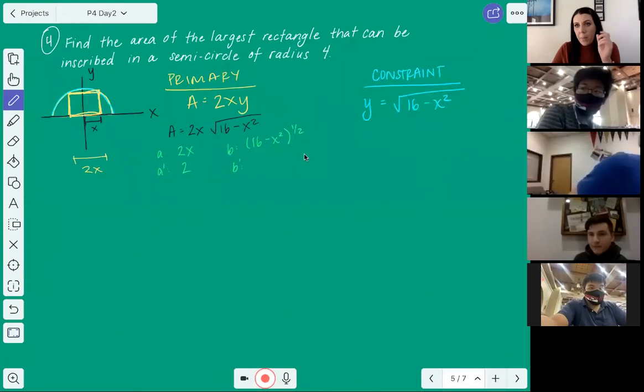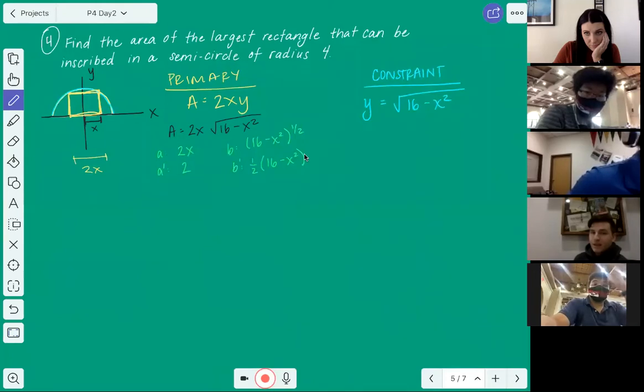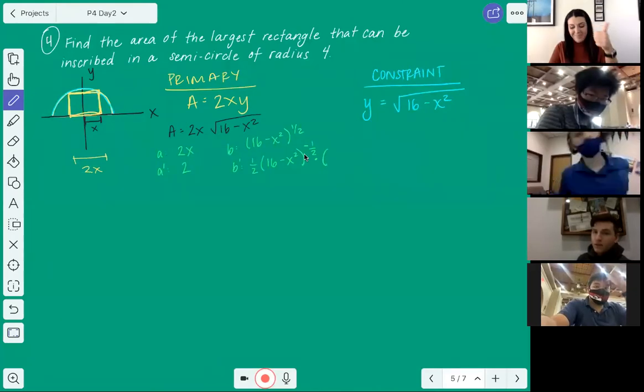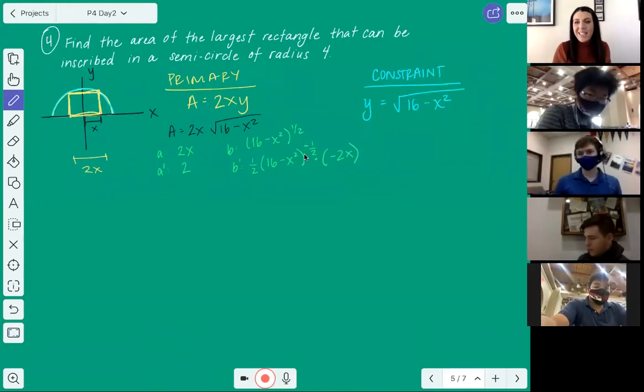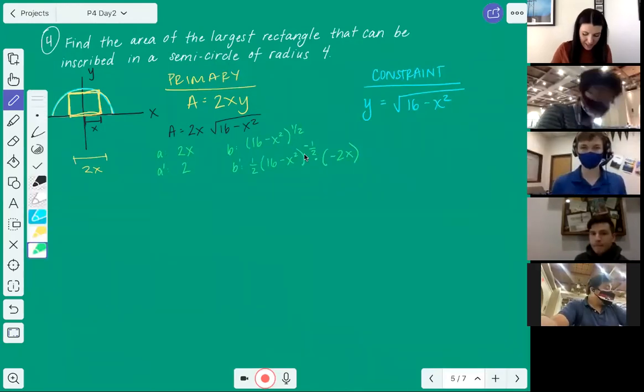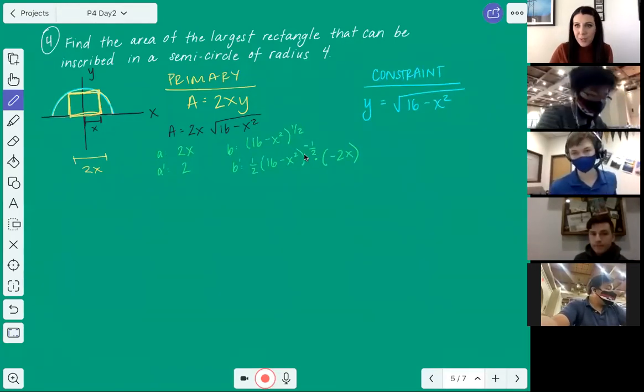What is B prime? Okay, I got 1/2 times 16 minus x squared to the negative 1/2, and then times negative 2x. Fantastic. Evan, there is something that a bunch of students are going to miss on this, and they're going to have done everything else pretty correctly.